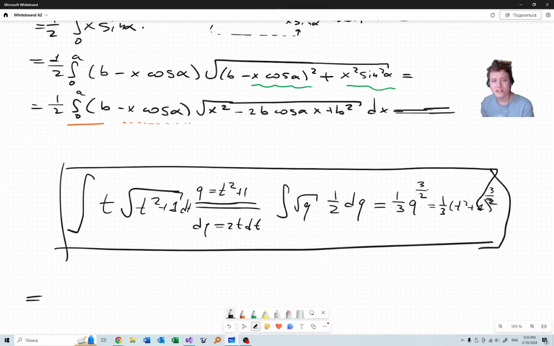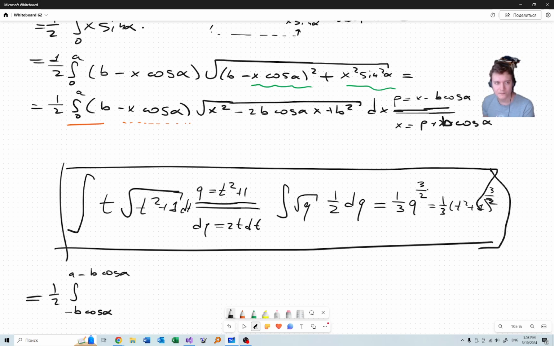First of all, I really need to eliminate this thing. So I need to say that I want to look at P equals x minus b cos alpha, and so x is p plus b cos alpha. So what do we have? First of all, the integral is now from minus b cos alpha to a minus b cos alpha.